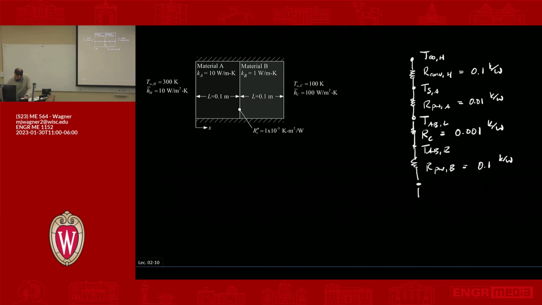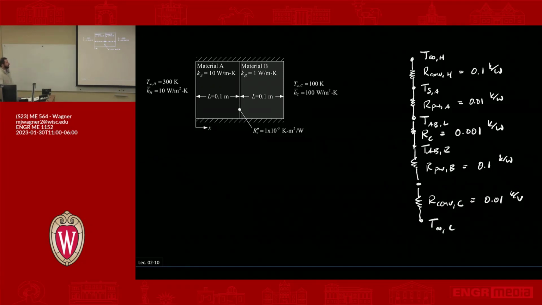Then we have convection on the B side, R convection to the cold, which ends up being 0.01 Kelvin per watt. And then out here we are at T infinity C.